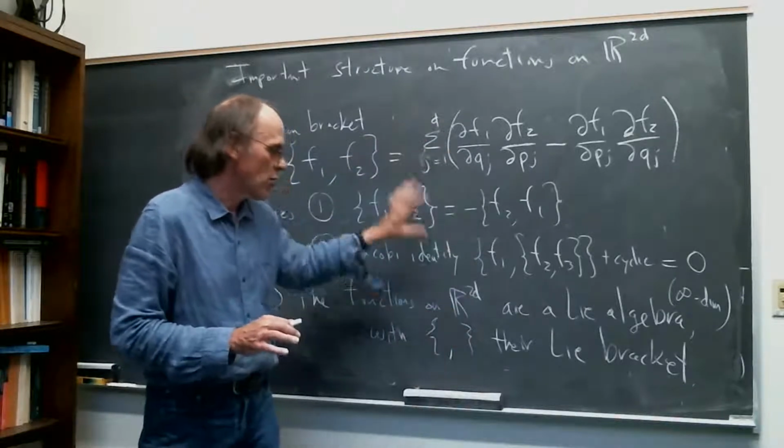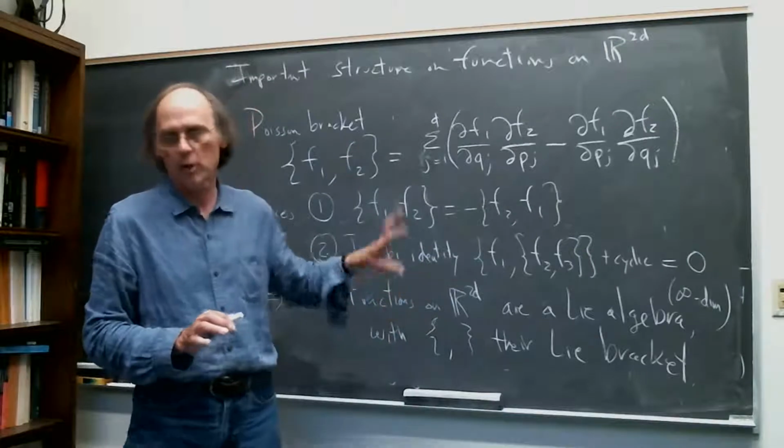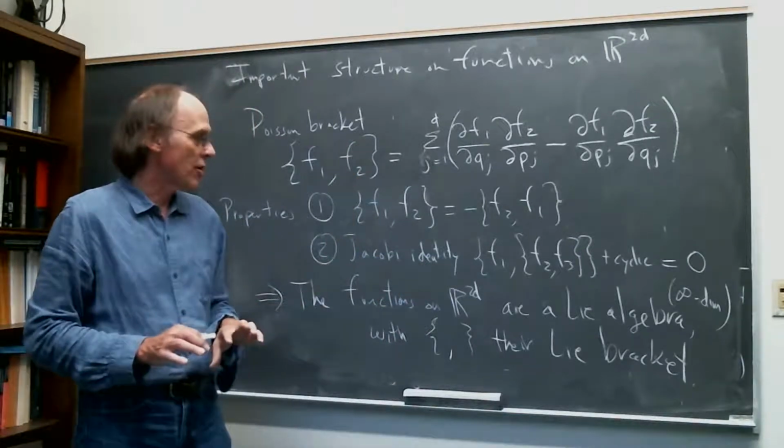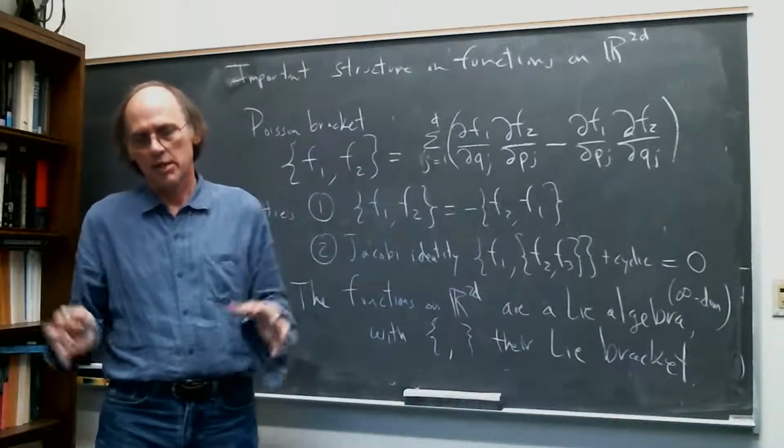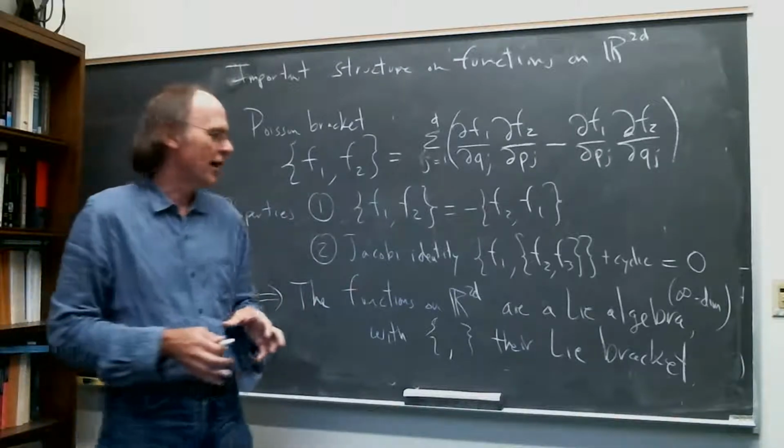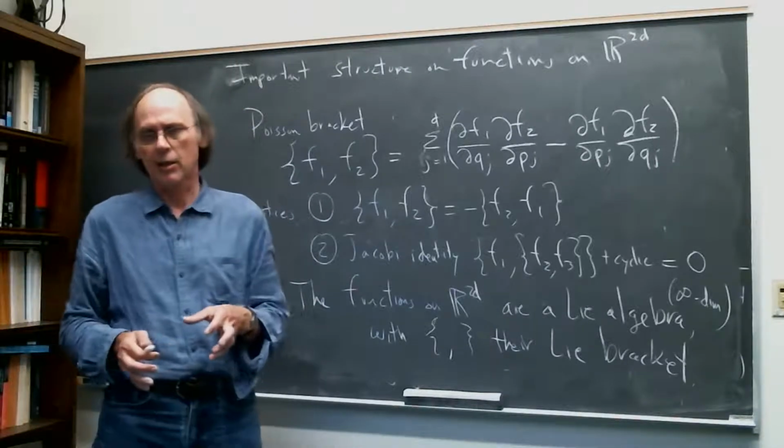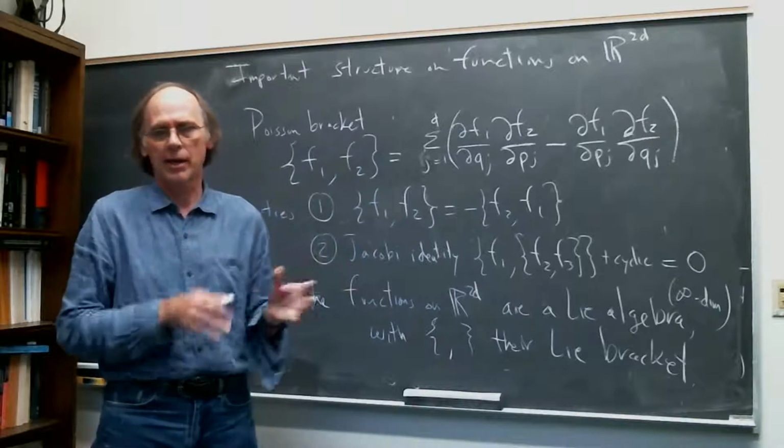To give the story away in some sense, this is the relation to quantum mechanics, which is kind of what Dirac realized. When Dirac saw the Heisenberg commutation relations, he said, "Wait a minute, I've seen commutation relations that look like that before, in my classical mechanics class."